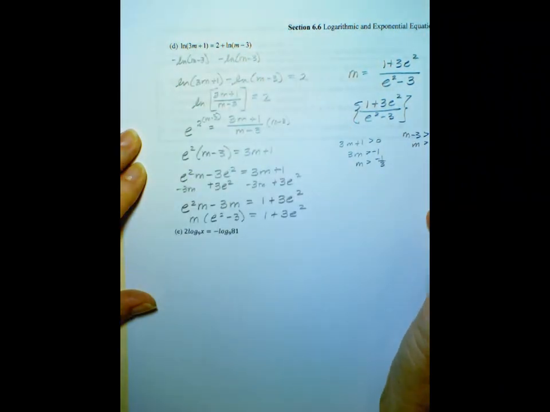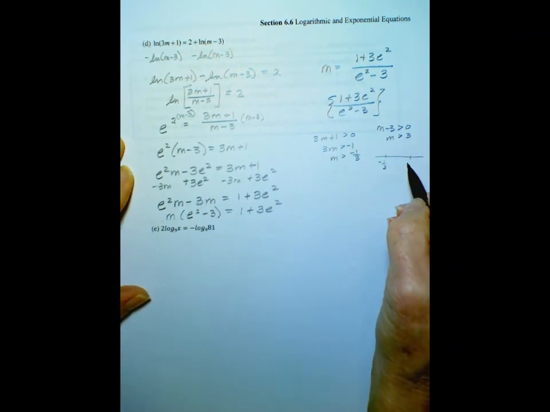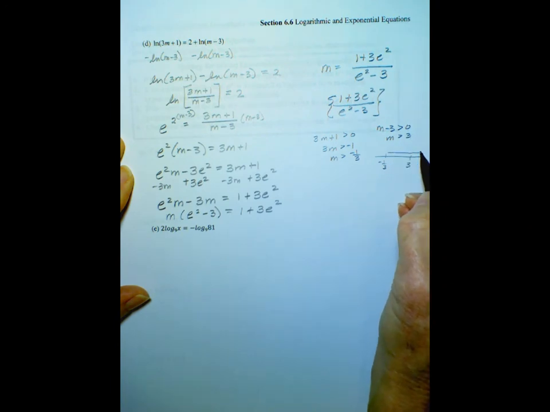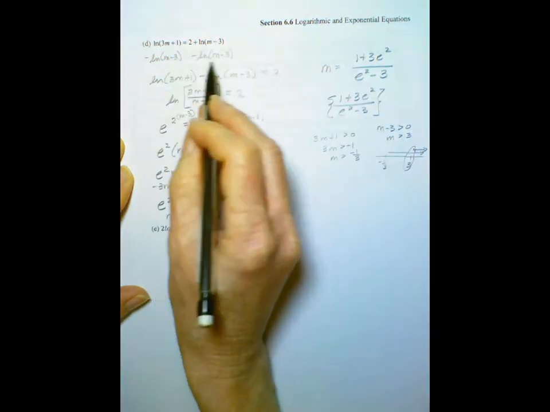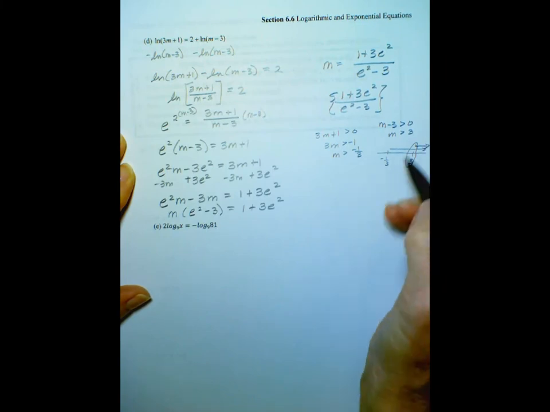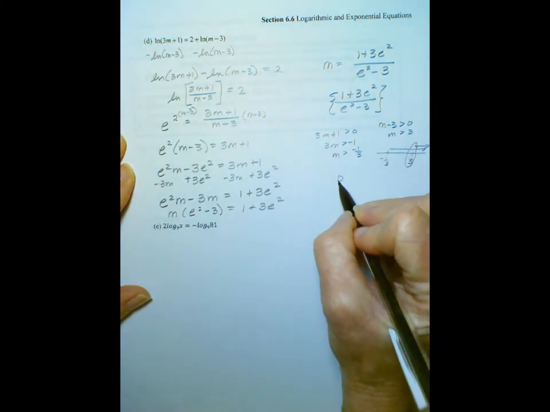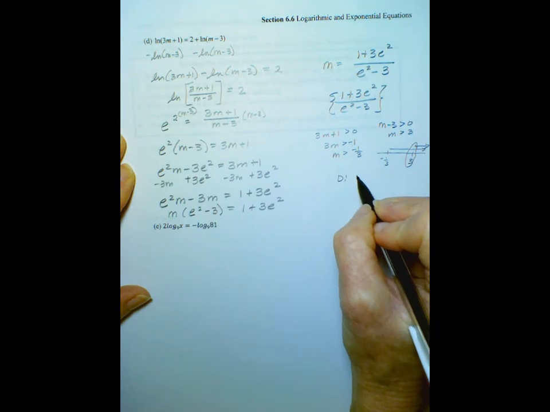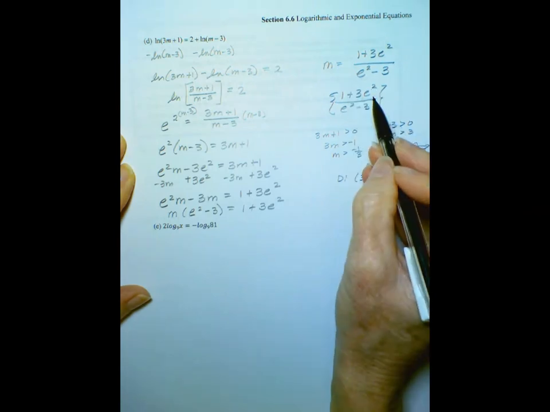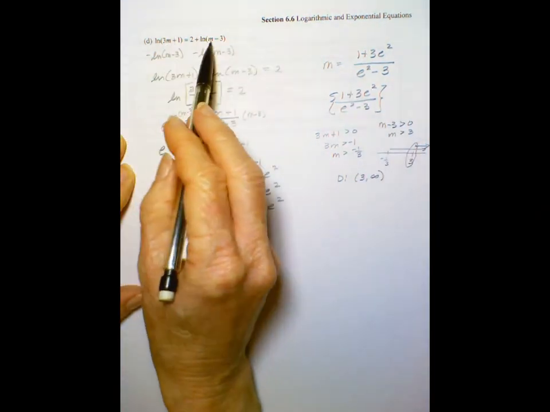Well, the greater than 3, right? So for it to be both of them, here's negative 1/3, here's 3. One of them says you have to be greater than negative 1/3. The other one says you have to be greater than 3. So greater than 3 is the one that works for both of these. So this is what guides it. So the domain, I know, is 3 to infinity, right? So now if I knew what that number is, I could say whether or not it's in the domain.